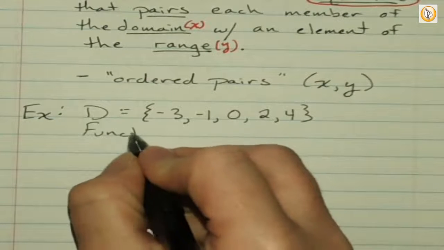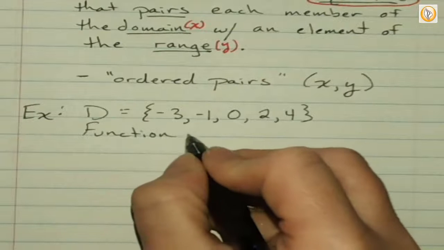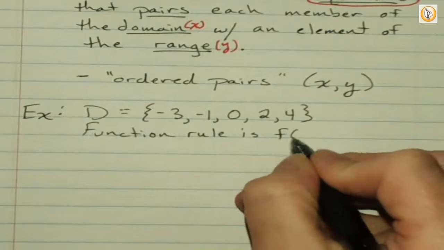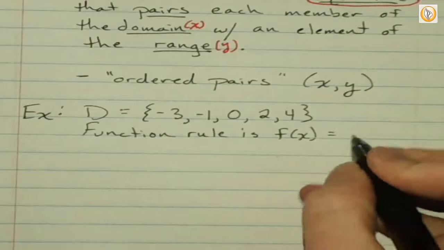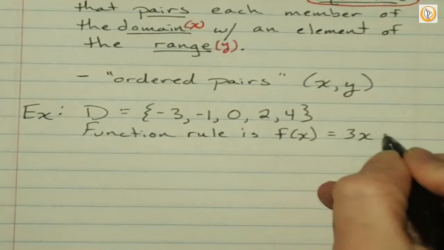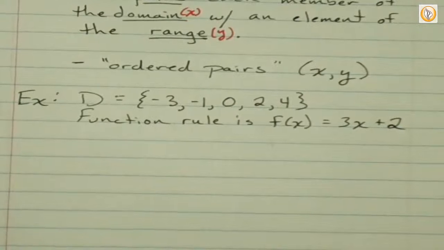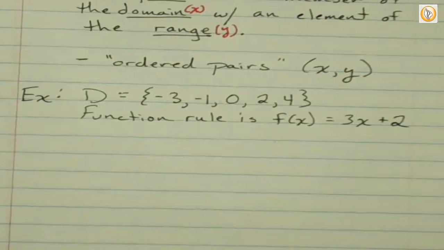Function rule is f of x equals 3x plus 2. Write that down.